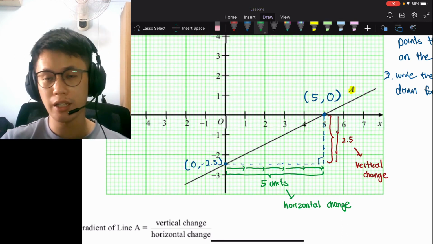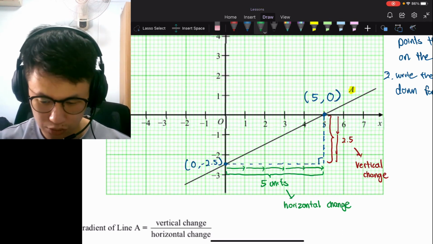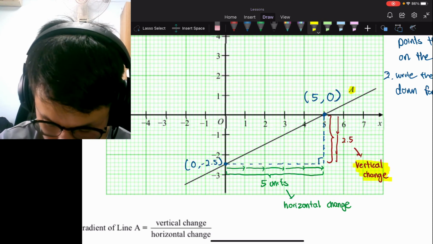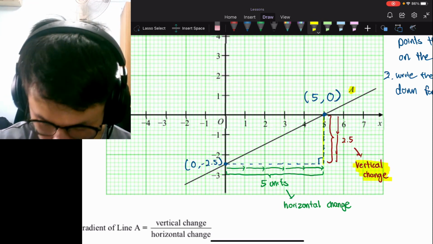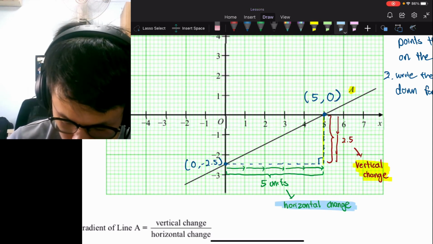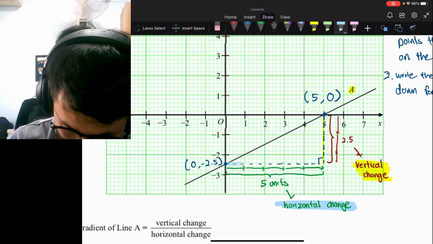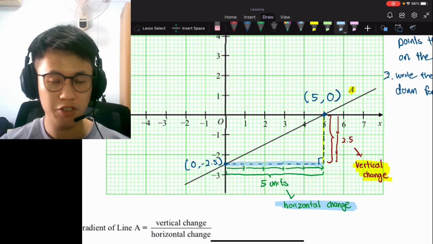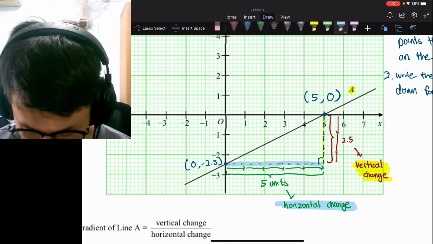Now you have the vertical change because this dotted line here is vertical, and you also have the horizontal change because this line that you created is a horizontal line. If you realize, I formed a triangle with the 2 points on the line.